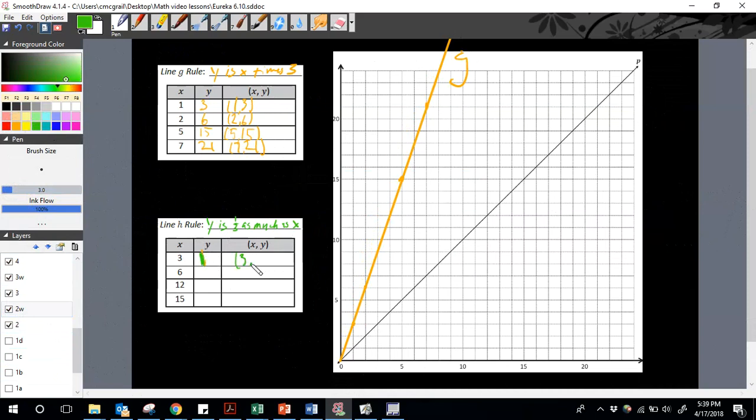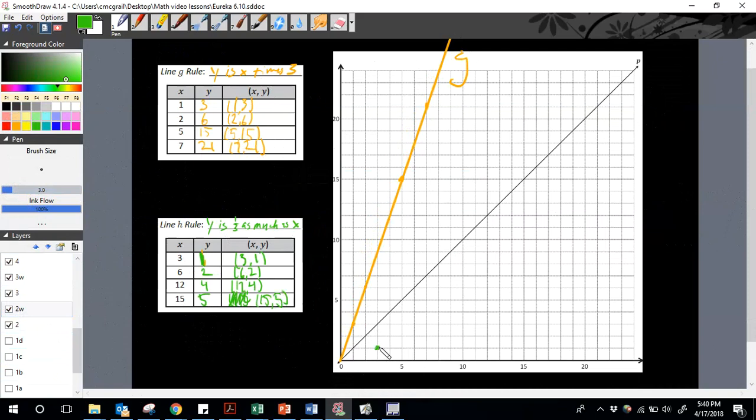So it's 3, 1. 1/3 of 6 is 2, so it's 6, 2. 1/3 of 12 is 4, so it's 12, 4. And 1/3 of 15 is 5, so it's 15, 5.